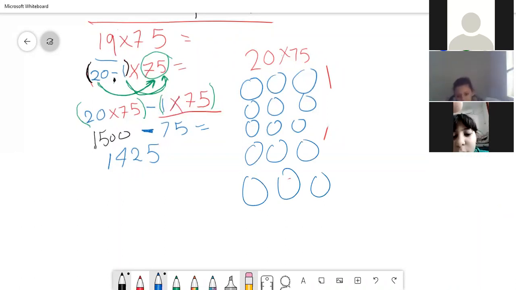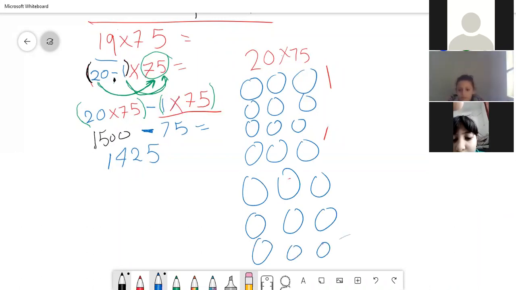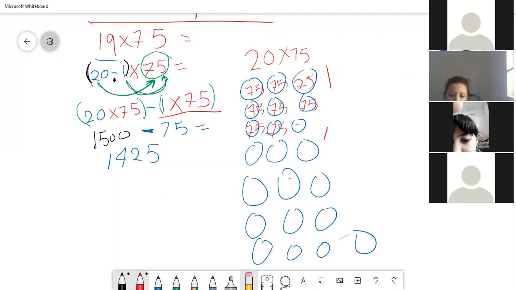How many groups here? 20. In each group we have 75, right? 75, 75, all groups. So this means multiplication, right? This means 20 times 75.